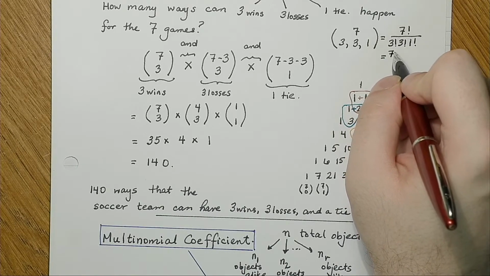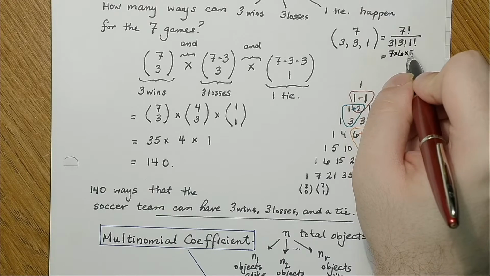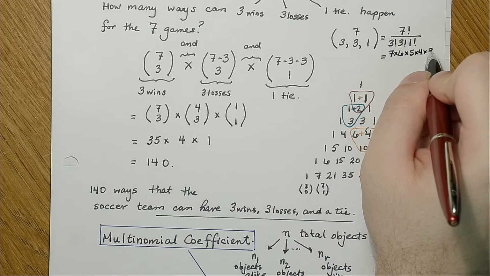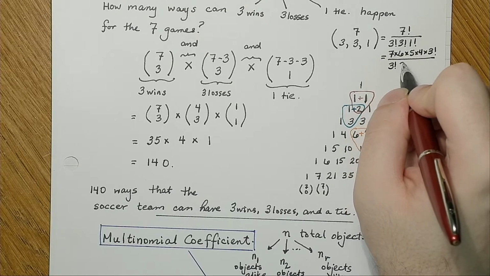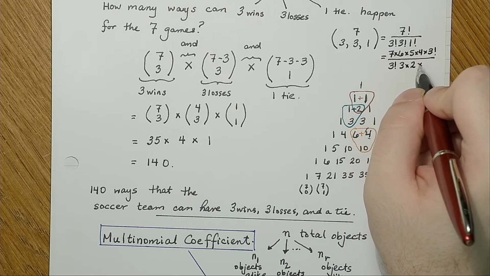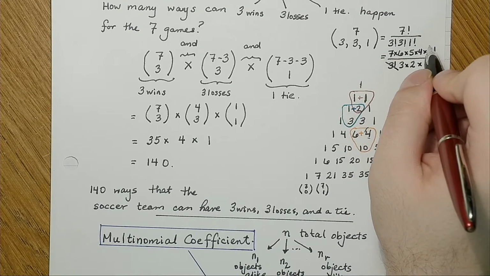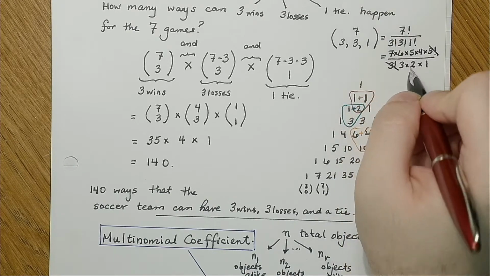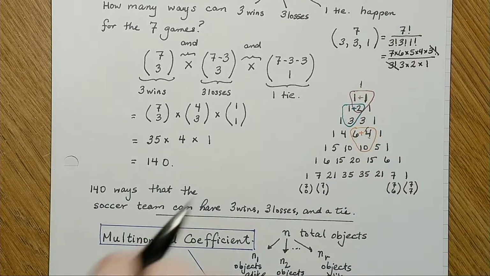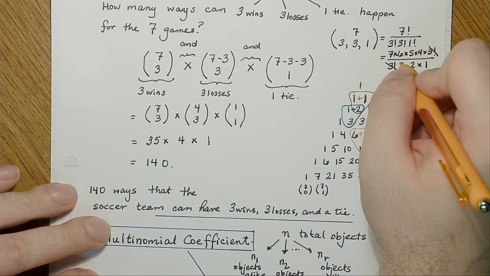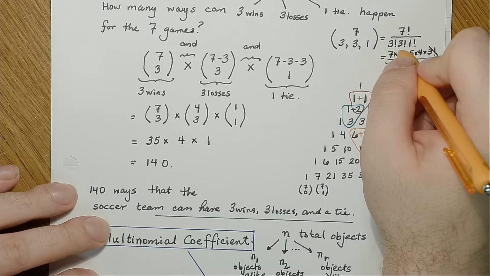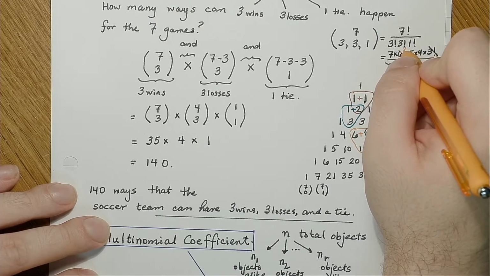Then I have 7 times 6 times 5 times 4 times 3 factorial. So the 3 factorials can cancel. 6 goes into 3 twice.